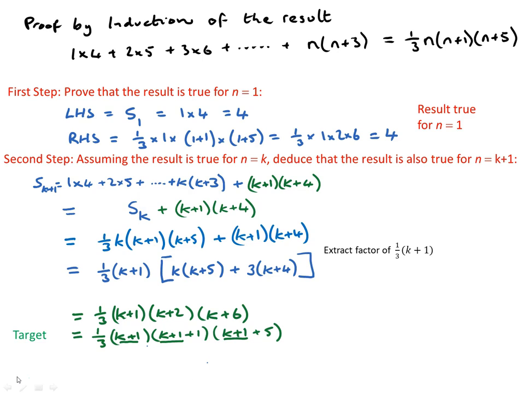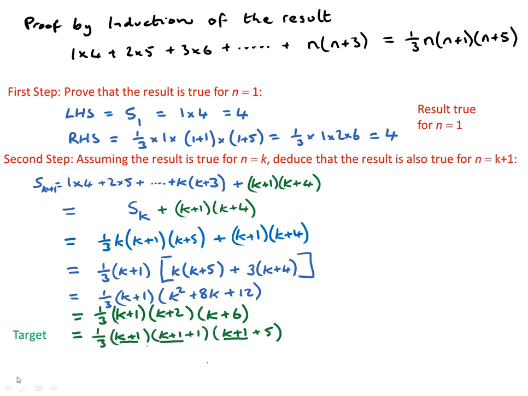In other words, it expands out to give me k squared plus 8k plus 12. Now if we look carefully, k squared plus 8k plus 12 factorises to give me (k plus 2) times (k plus 6). So we've now arrived at our target expression.